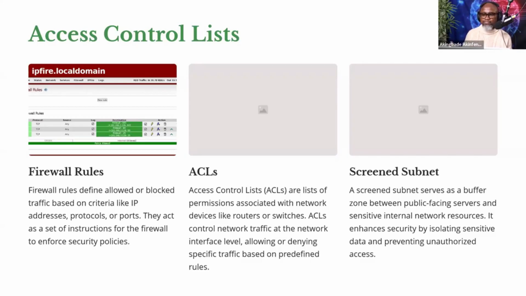Another one is screened subnets. It serves as a buffer zone between the public-facing server and sensitive internal network resources. A good example is facebook.com, which is connected to the public domain, but in between it has functionality that creates avatars or stores PHI or PII, personal identification information.